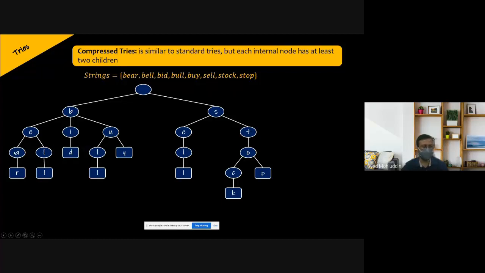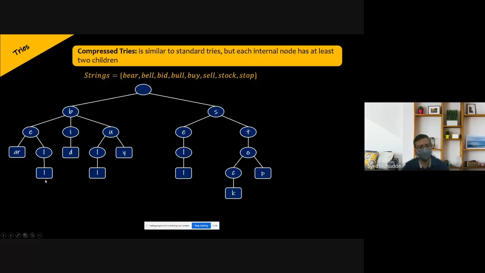So we can compress A and R into a single node. In compressed tries, all nodes will not have only a single character. That's not the constraint here. The constraint is that each node should have at least two children. And this AR becomes the leaf node.